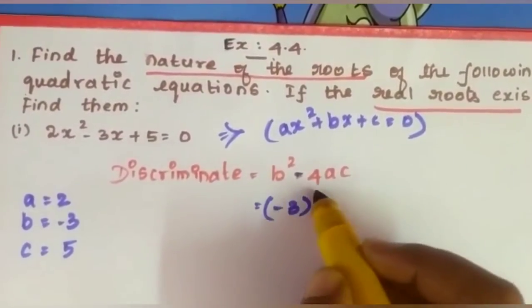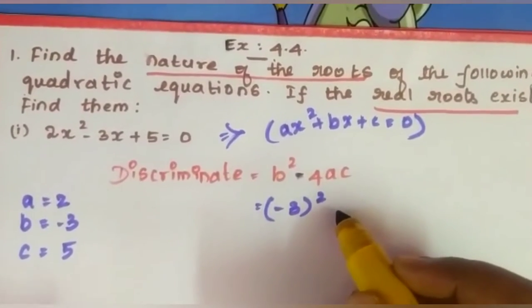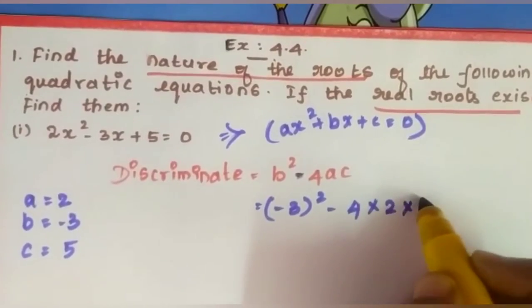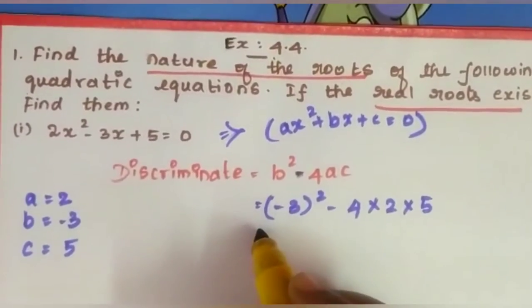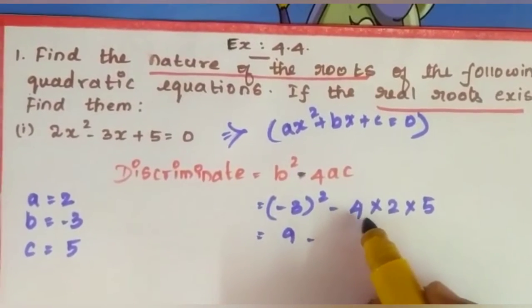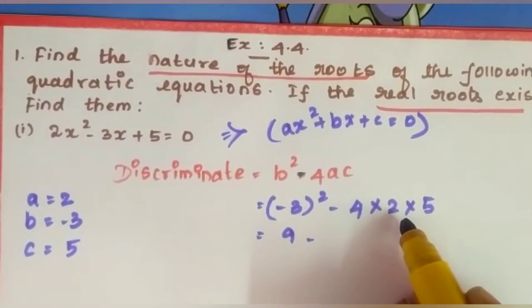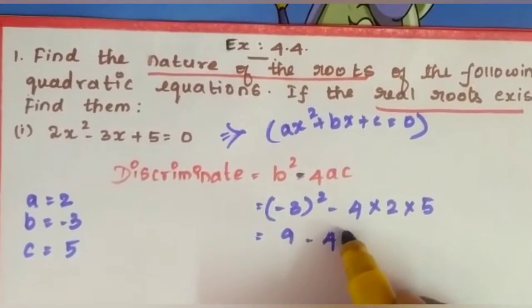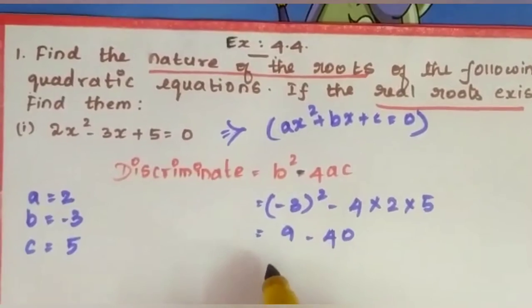Minus 3 the whole square, minus 4 into 2 into 5. Next, 9 minus 4 twos are 8, and 8 fives are 40.